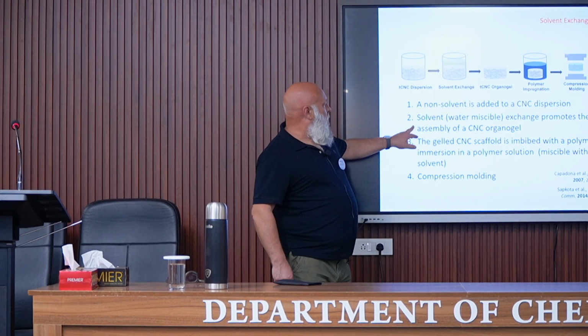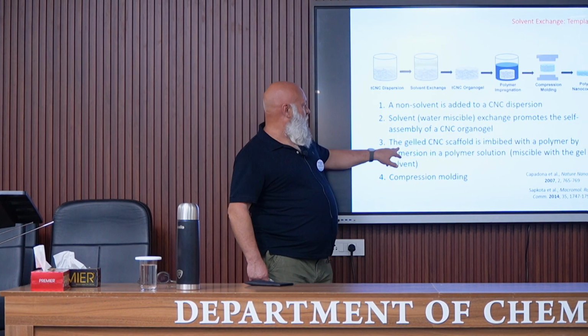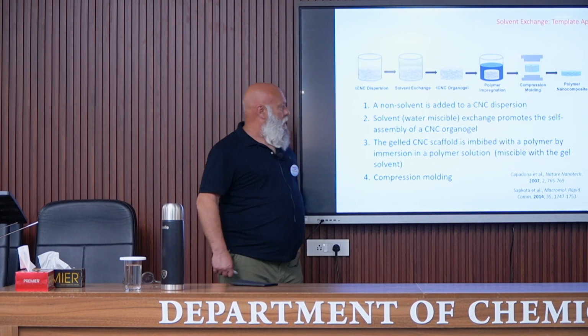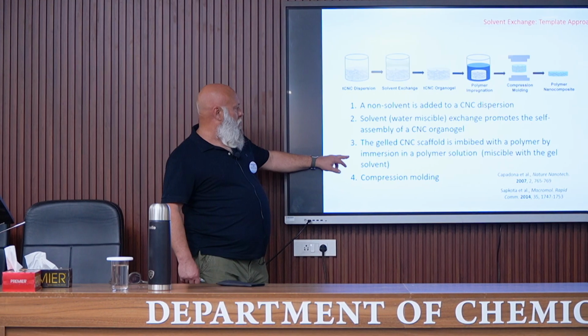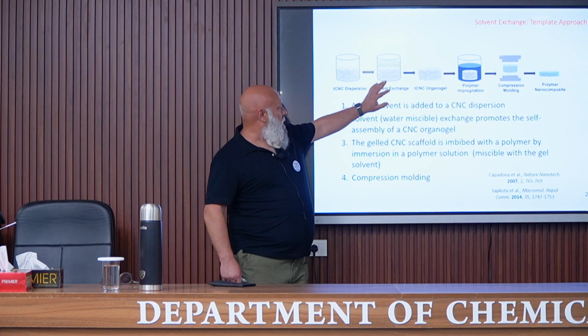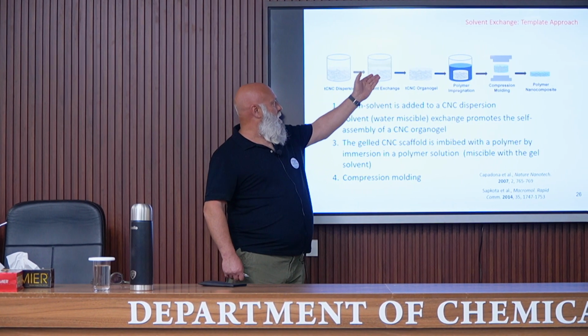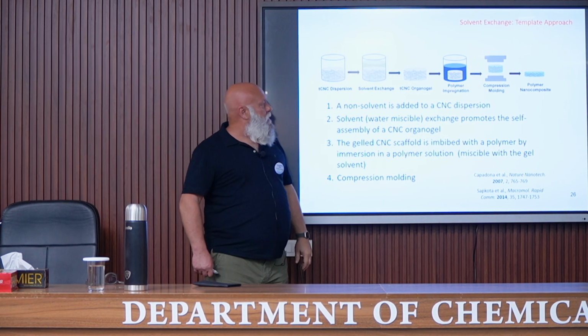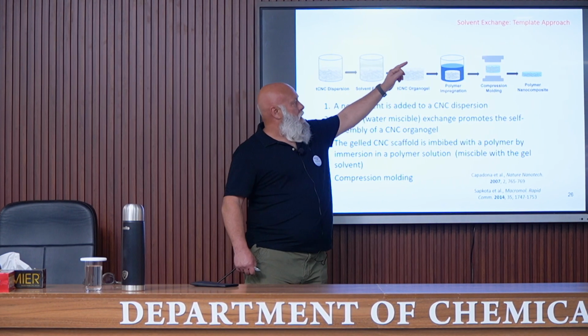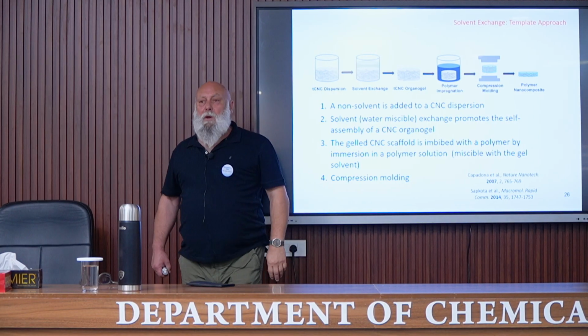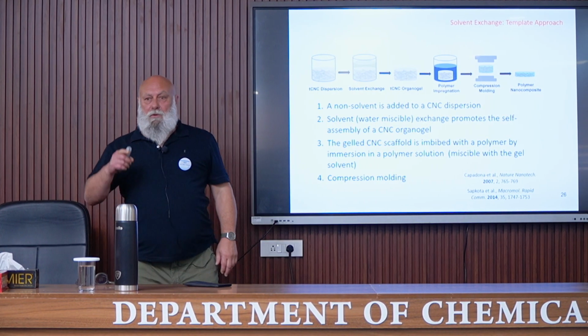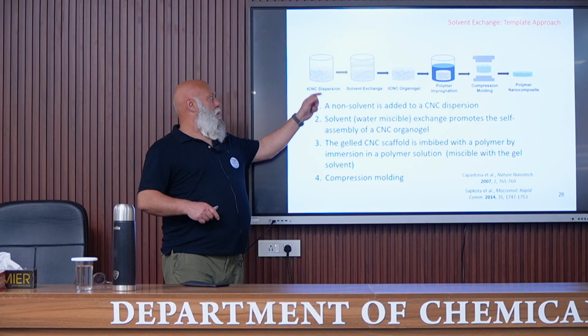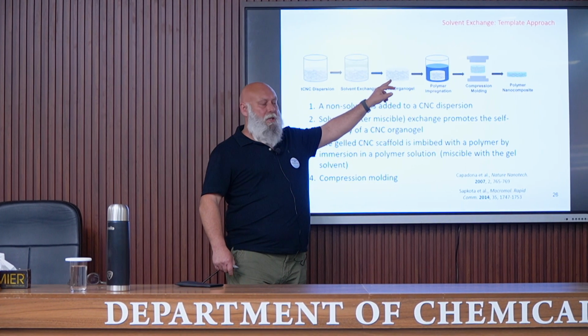Then, so this is the gel CNC scaffold, which is embedded, no, sorry, this is another step. So the upper phase can be removed. We can keep this organogel, which is dipped in a polymer solution. So the solvent needs to be soluble also with the solvent which is used here.